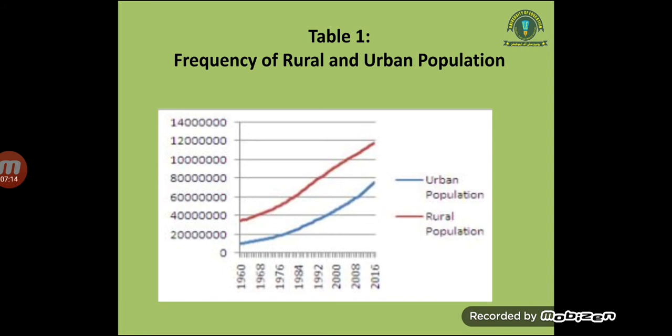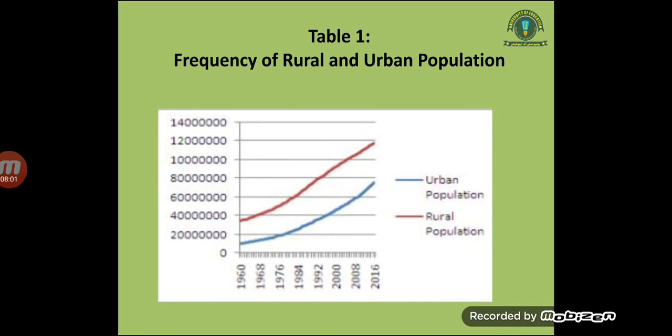So from 1960 to 2017, you can see that it started from 0, and the first step is from 20 lakh, then the second step on 40, then 60, then 80, then 1 trillion, then 12 trillion, and then 14 trillion.